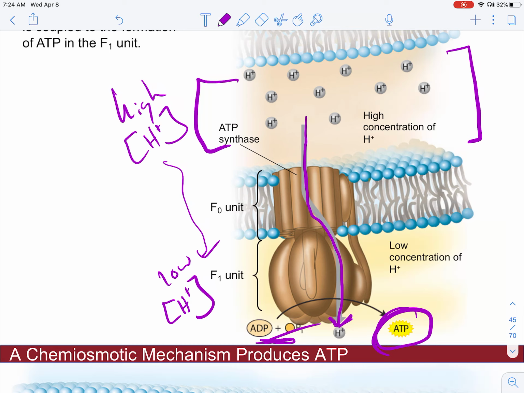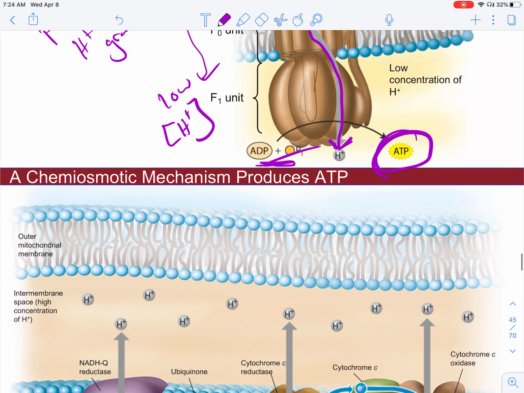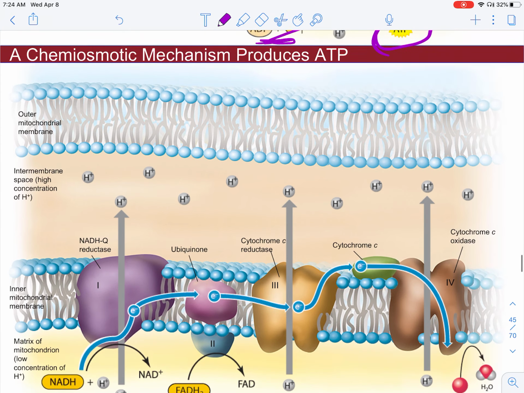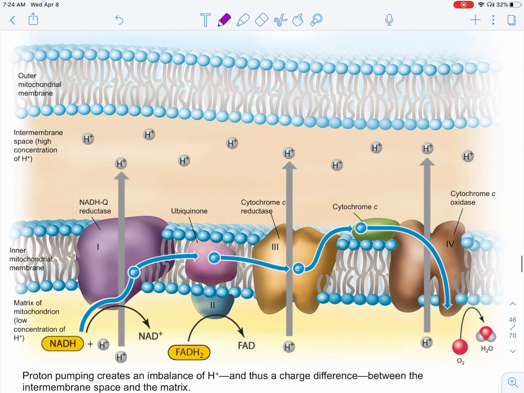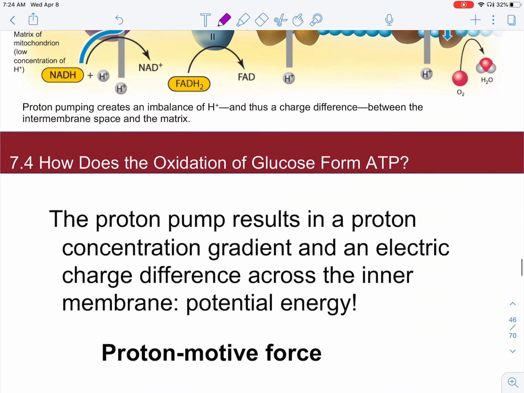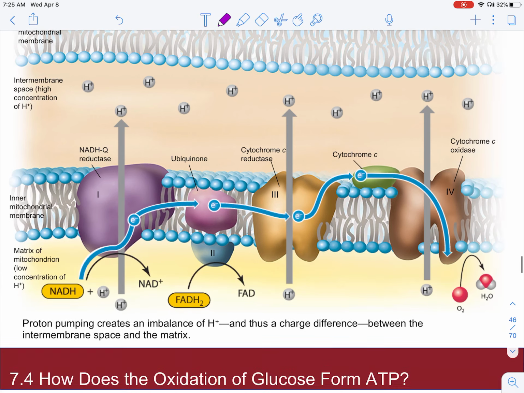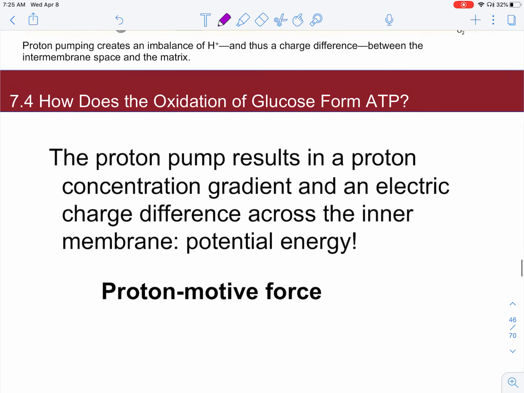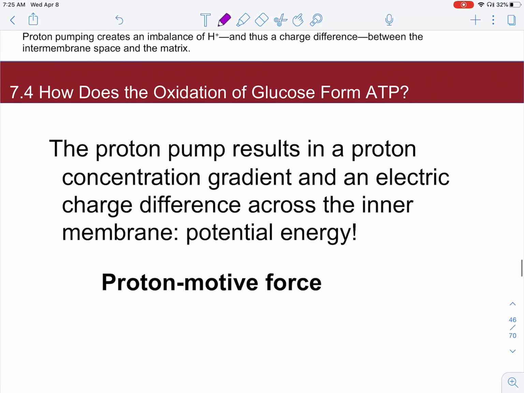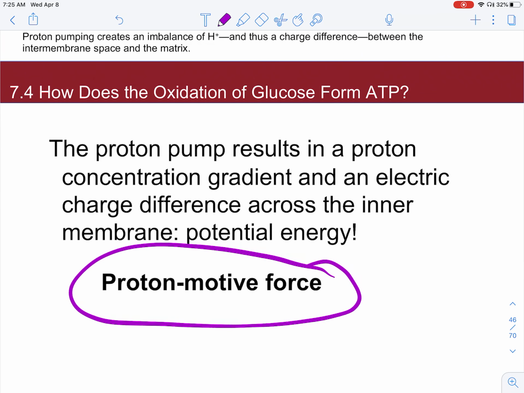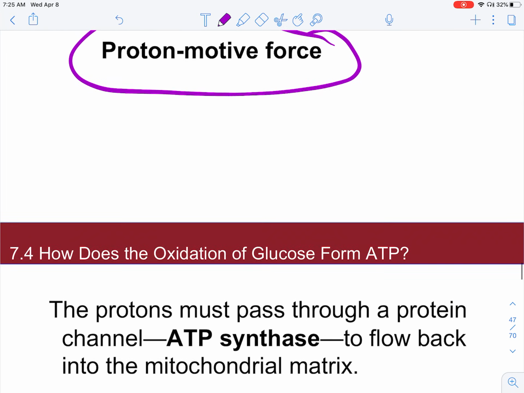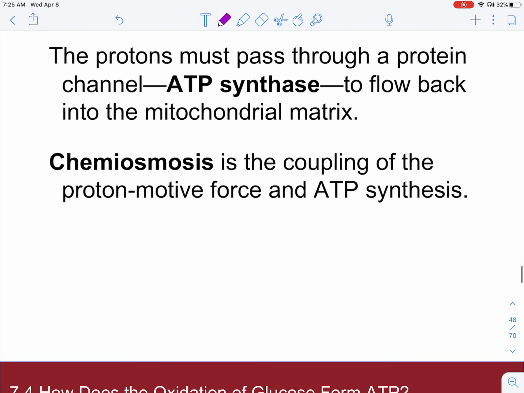So this is using the potential energy of the proton gradient that was generated by the electrons. That is the chemiosmotic mechanism, the use of this proton gradient to make ATP from ADP and inorganic phosphate via the protein ATP synthase.